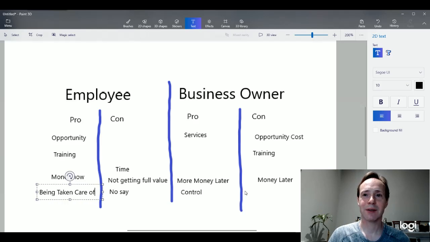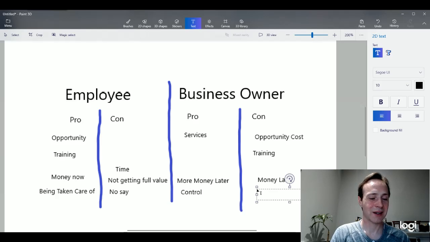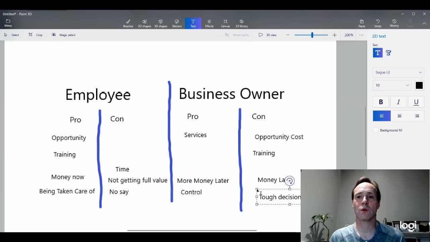Now, the con of that for the business owner, and it is a real con, is that they have to make the tough decisions. I'm going to put this as a con: tough decisions. When you get control, you have to make those tough decisions.